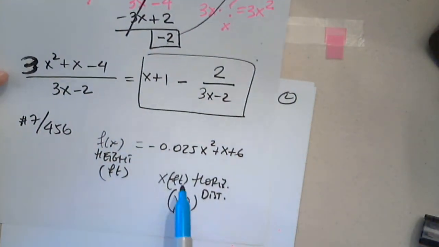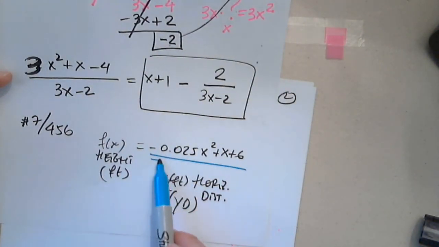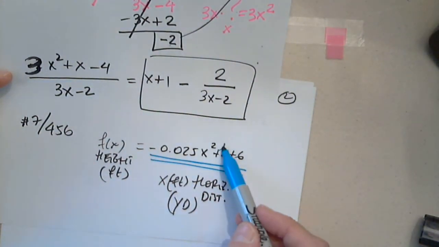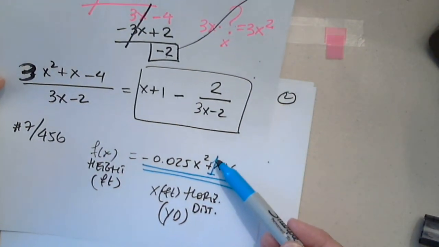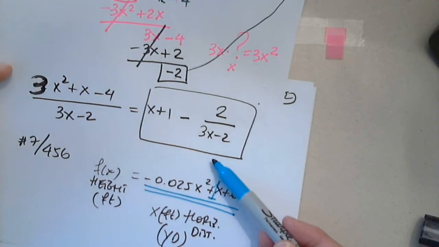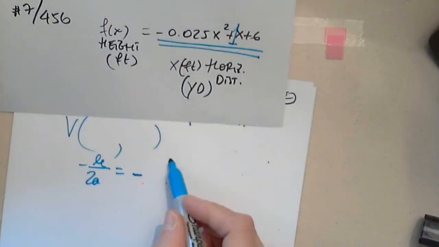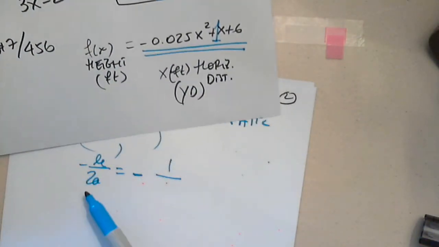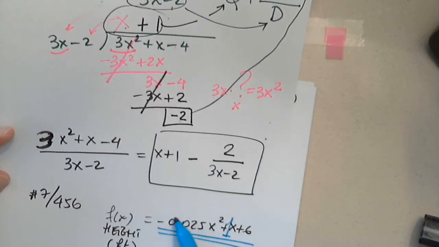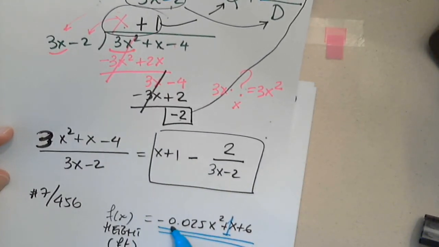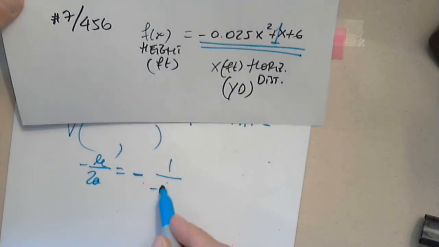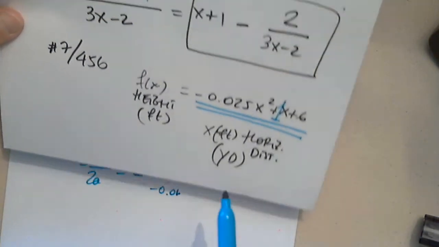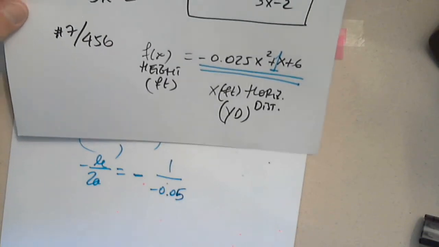B, make sure that this is arranged in descending order, because only then you can identify b correctly. Is that clear? So then b is 1, and 2 times a, 2 times this number is negative 0.05. 0.5, yes.